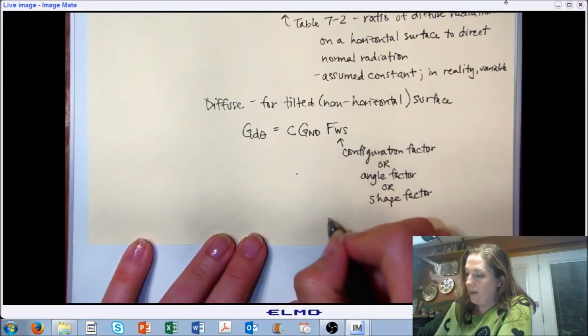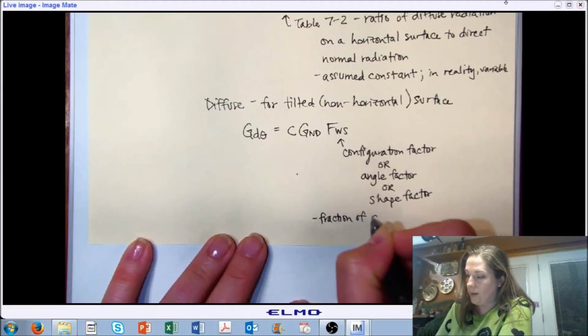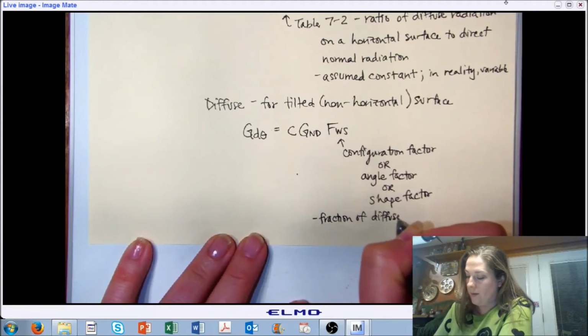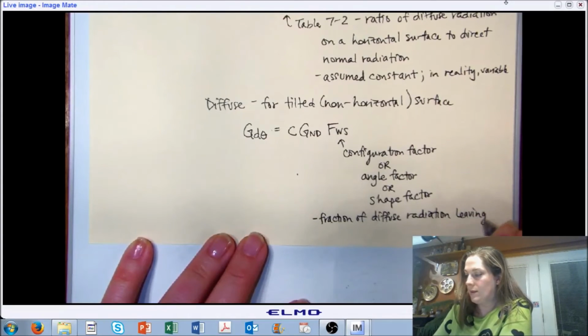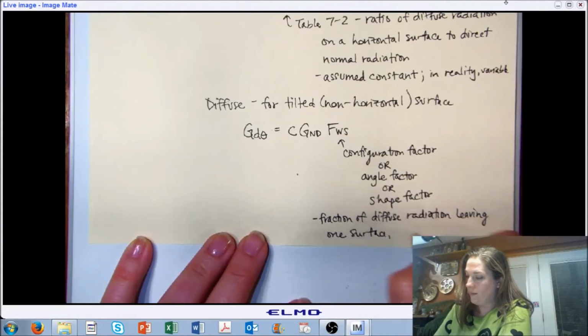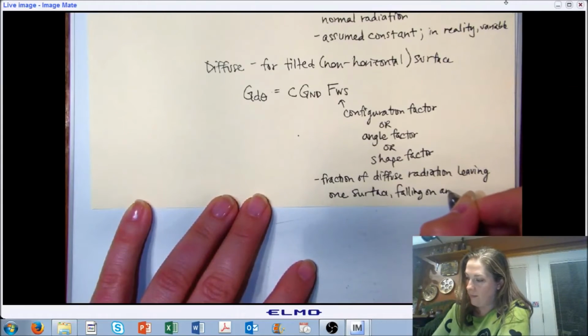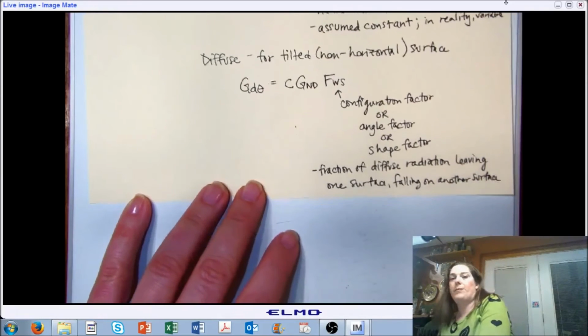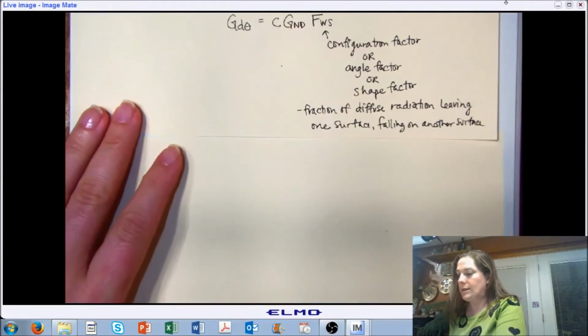To help us better understand the fraction of diffuse radiation leaving one surface and falling onto another surface. So we'll look at a couple of special cases.